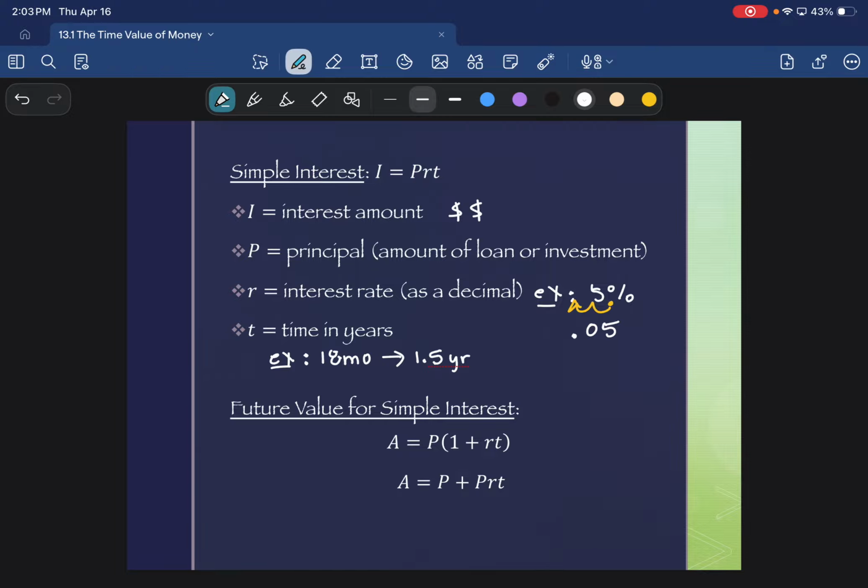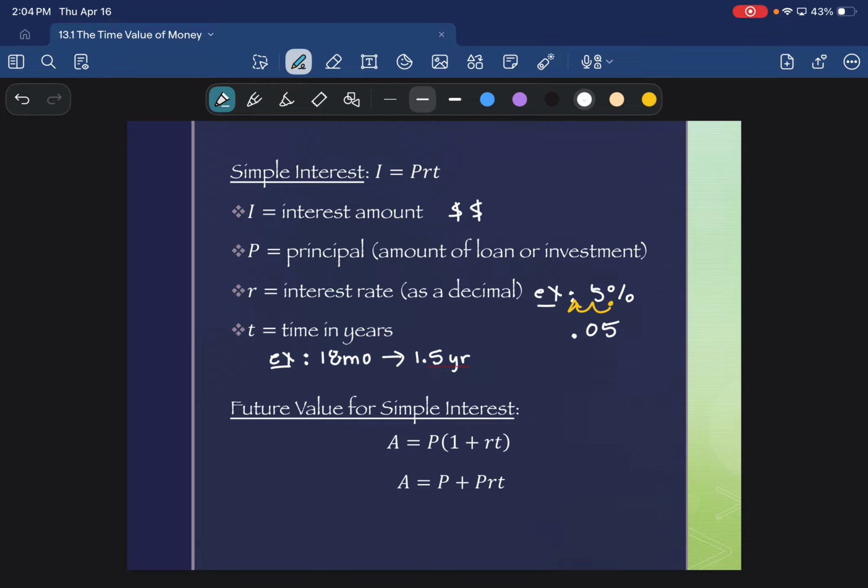Okay? The most common errors that people make when they get calculations that are not correct, sometimes even completely unreasonable, is they either forget to change the interest rate into its decimal form, or they forget to change a number of months into a number of years. Those are the two common ones. Now, looking at how much money we would have in the future is called the future value for simple interest.